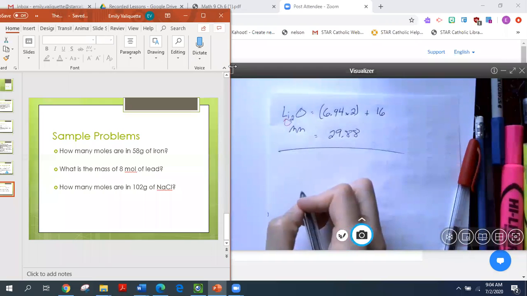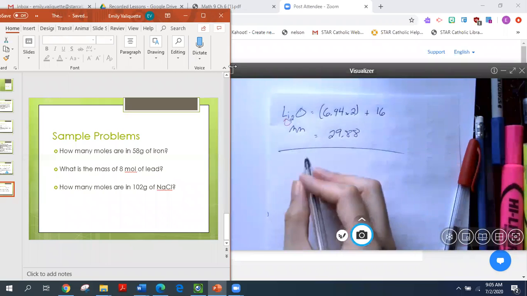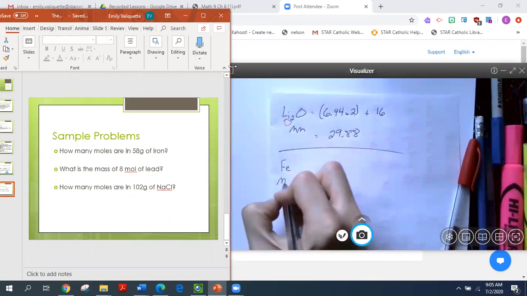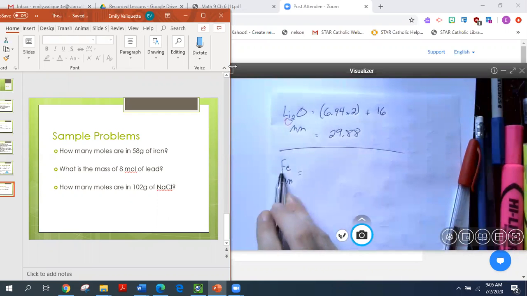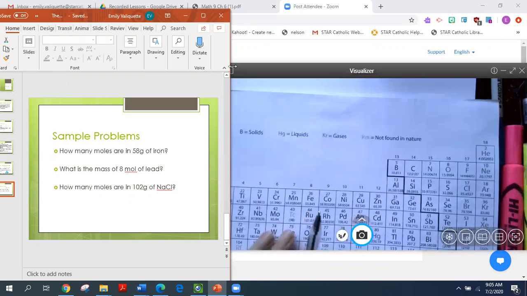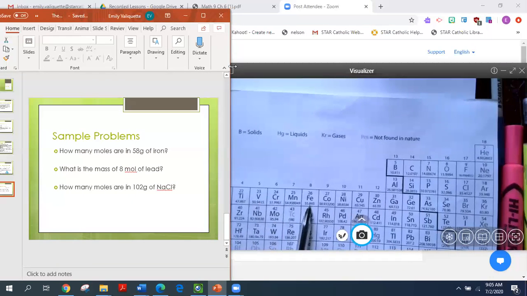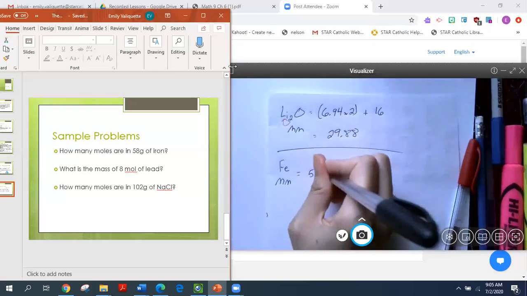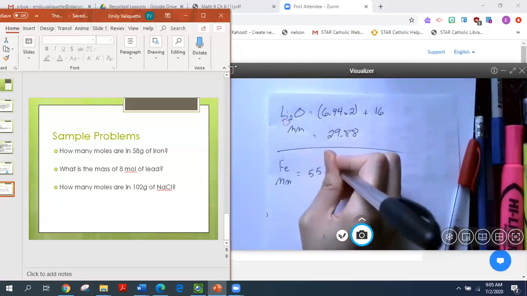The first one says, how many moles are in 58 grams of iron? So iron is Fe. Its molar mass, because it is not a compound, it's just an element, is just going to be its atomic mass on the periodic table, so 55.84.